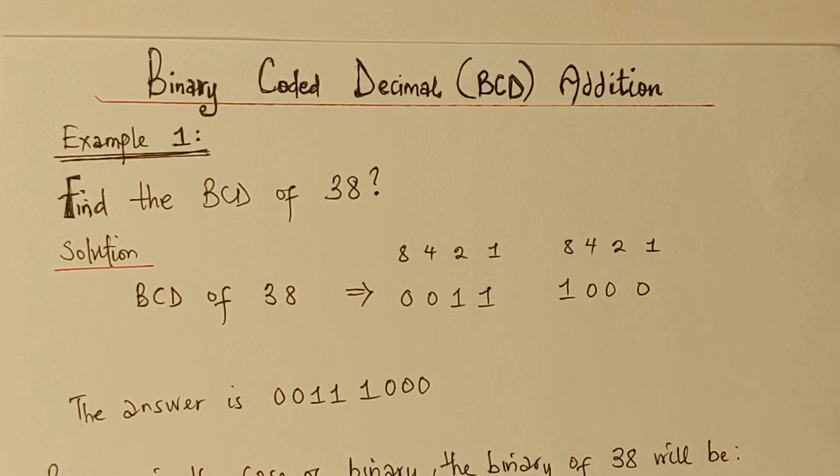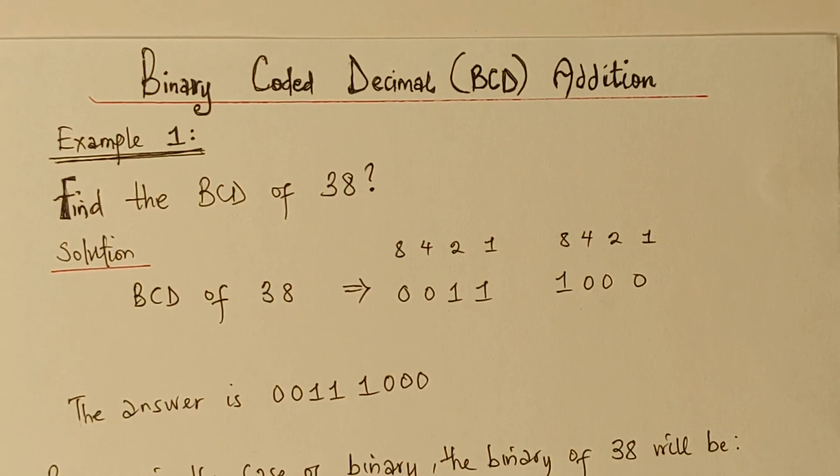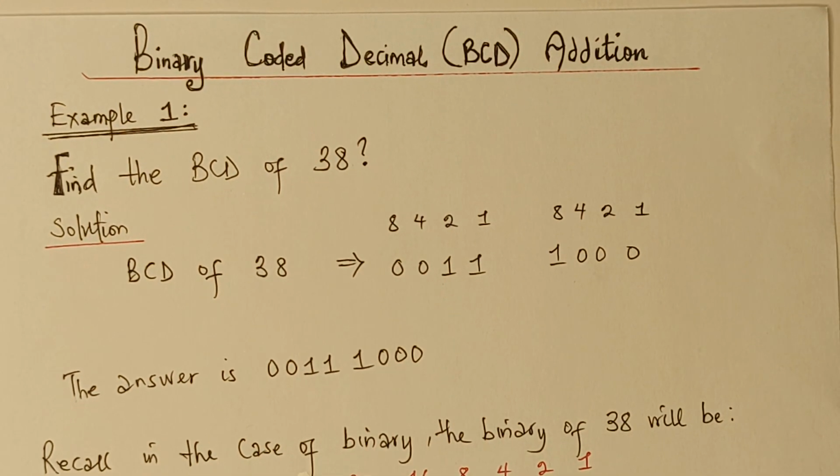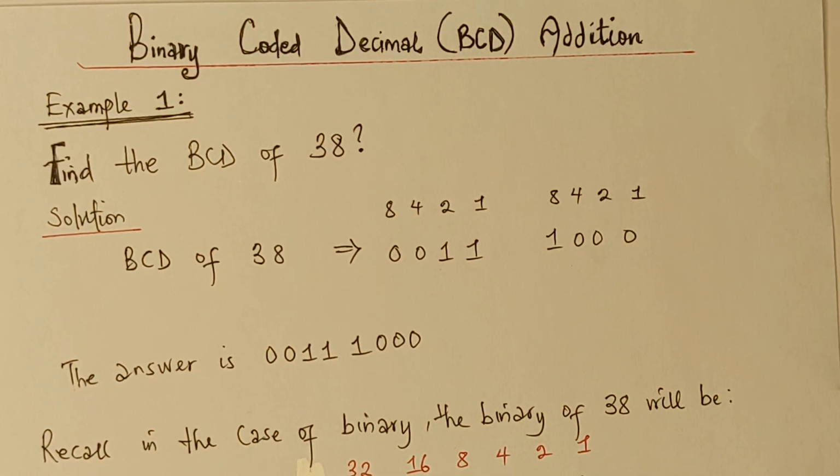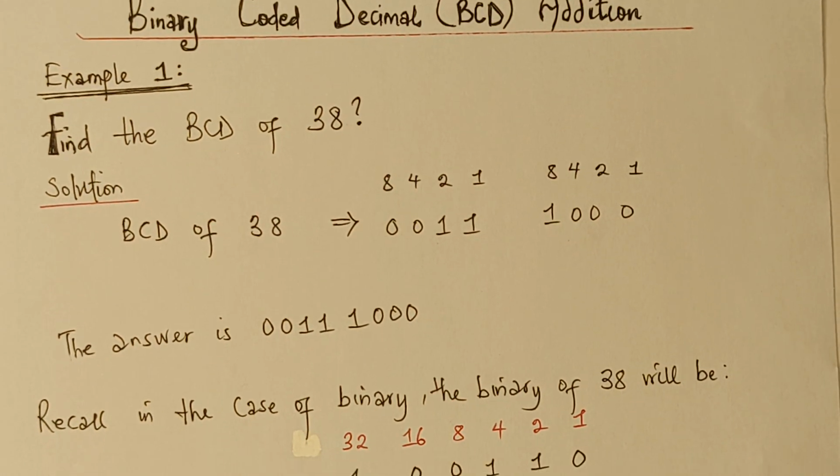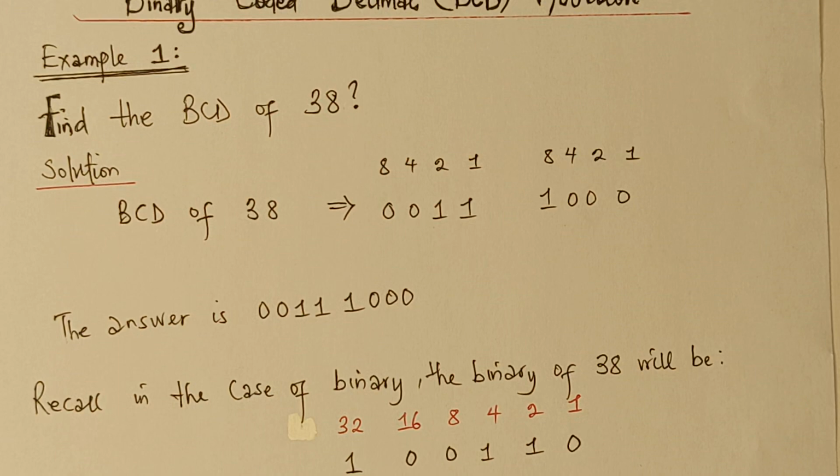So recall, when we talk about BCD, it's different from binary. So let's consider a scenario if the question were to be asked to find the value of 38 in binary. Now, this is how our binary value will be represented. First, if we are to locate 38, the same way, I will consider how many bits will represent 38.